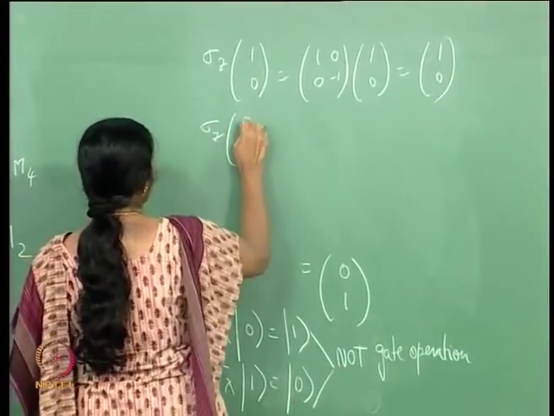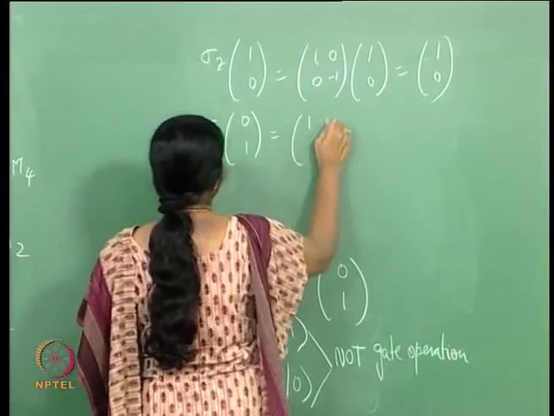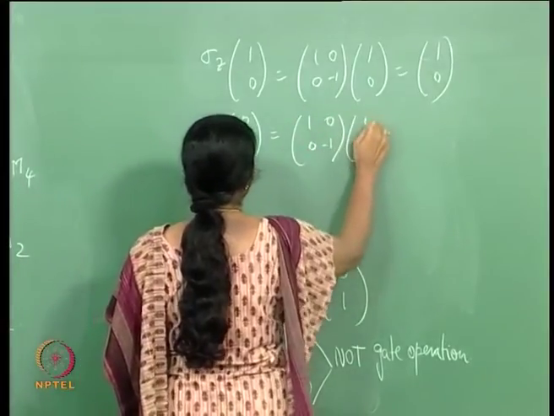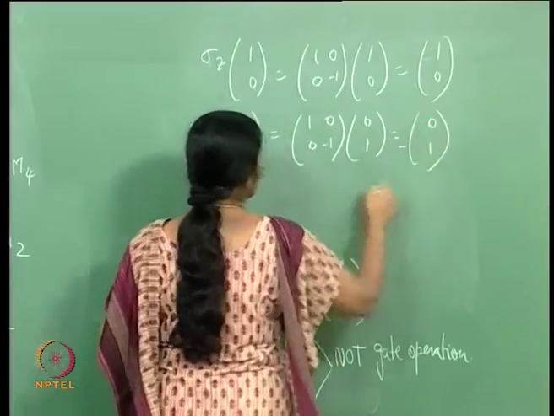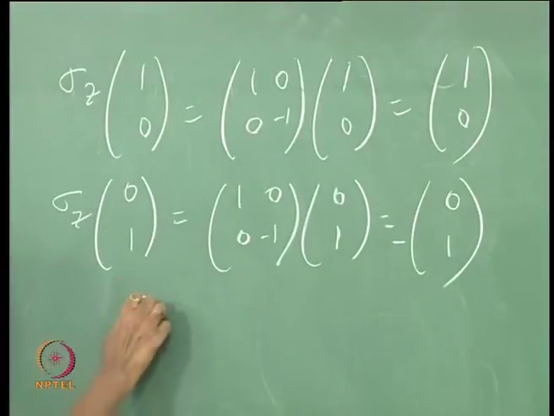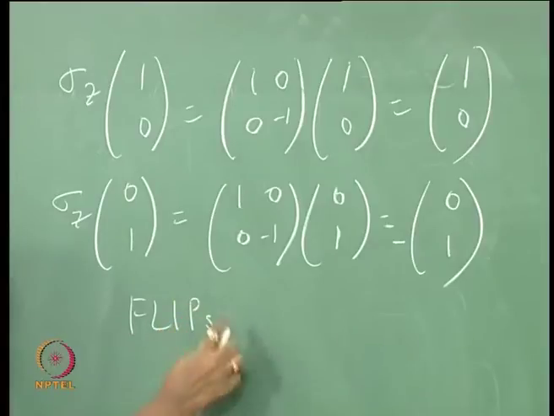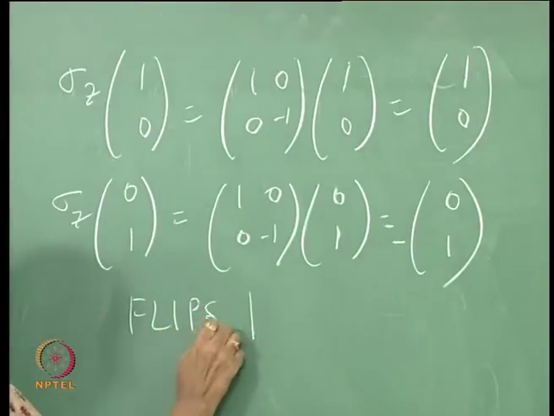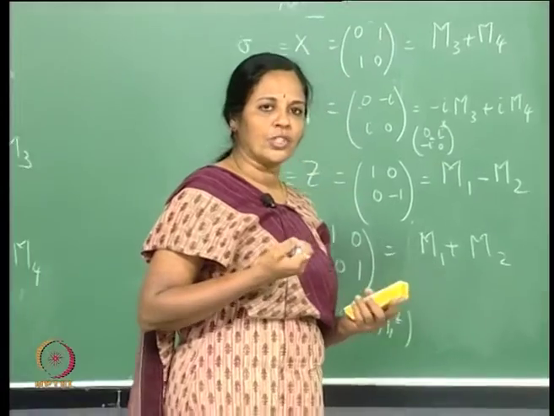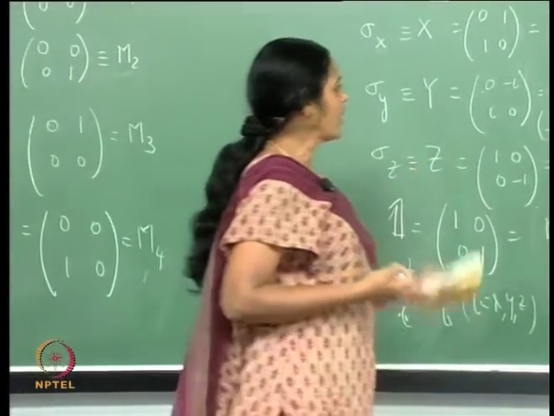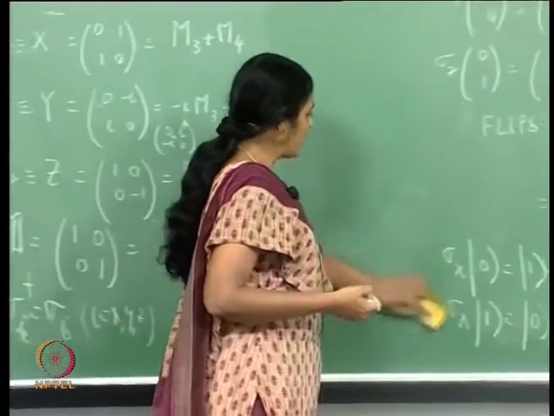But sigma z on (0, 1) gives me minus of (0, 1). In other words, it flips ket 1 and does not do anything to ket 0.